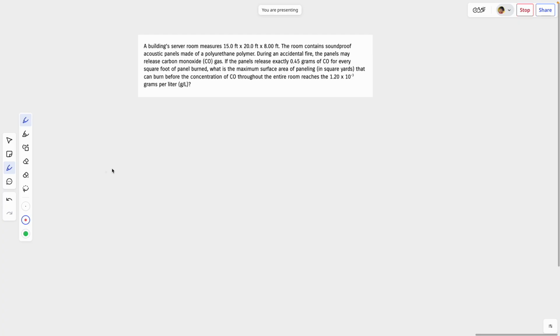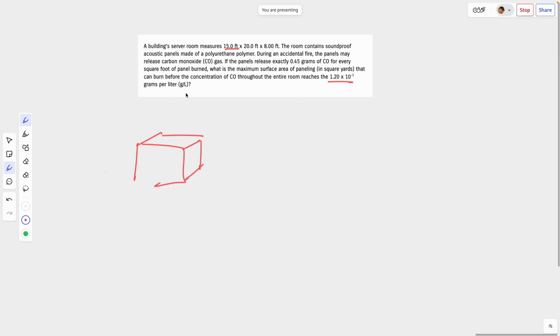Okay, so that was a lot of information. So essentially what this question is asking is, we have a room with a certain volume given, and we have the measurements of this room, which is up here. So we have to calculate how much CO can be released to get this ratio kind of.